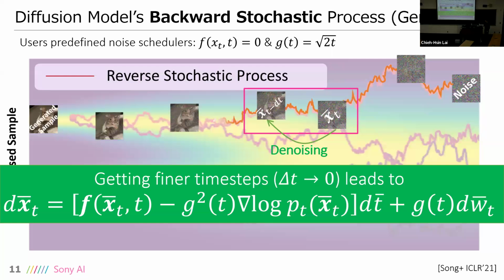But here you can see that the score function appears. And now this one is the denoising term, where the bar over here just states that we run the reverse time process, from the capital T, for example, to 0, which is the reverse process of the forward one.